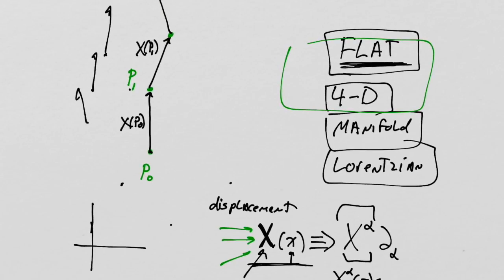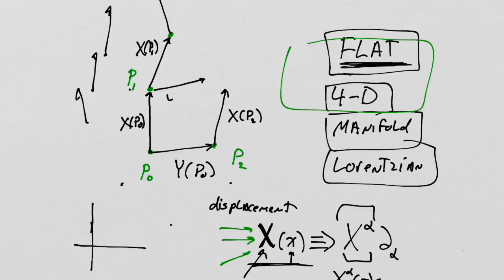Likewise, there is a value of Y at P0, and that lands us at a point which we'll call P2. And just at P2, there is a value of X at P2, which we'll call X of P2. And just at P1, there is a value of Y at P1.